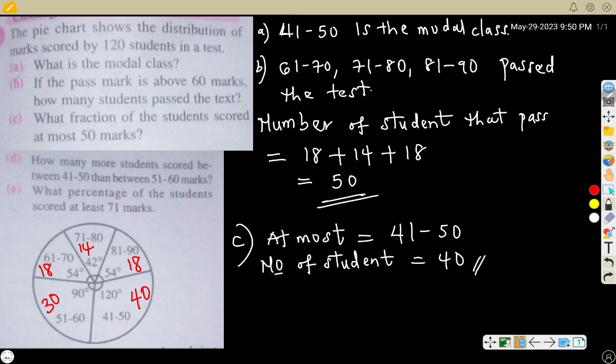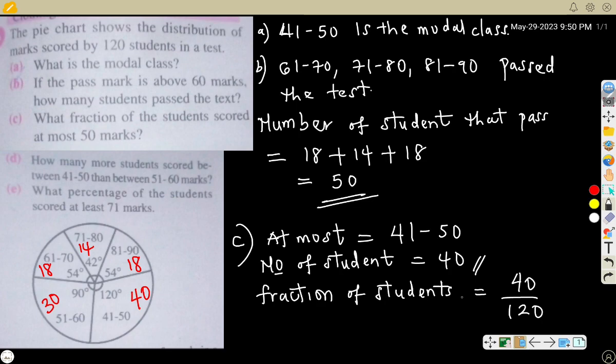So now fraction of the students that scored at most 50 marks. That means it will be 40 divided by the total number of students. We have 120 as total number of students.